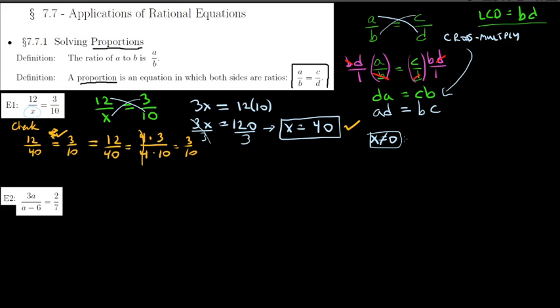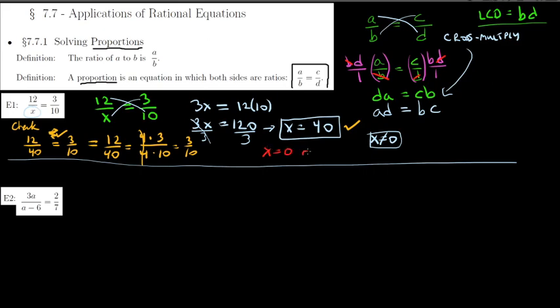So in this case, it was okay not to worry about that. But in general, you should find the restricted values first. You should make a note that x equals 0 was a restricted value. It didn't matter in this problem here. And I would say in most of the problems in this section, it's not going to matter.